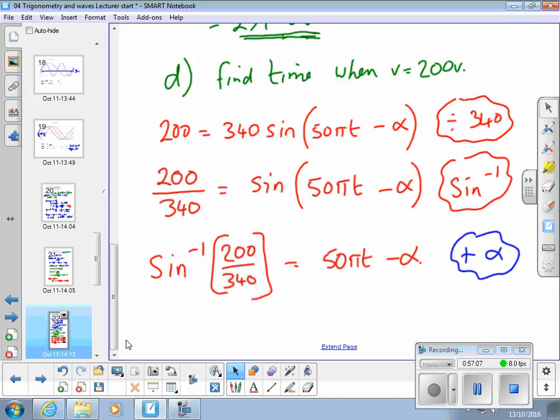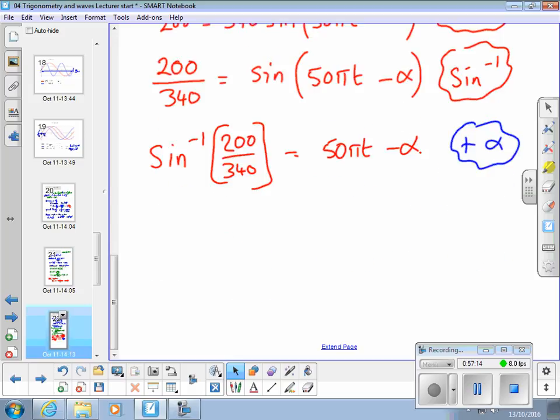You say it's alpha 31 degrees? Well, or minus 0.5, whatever it is, radians. This is a personal preference, but while I'm rearranging, I'd rather leave that as alpha. There's less chance of me missing one of the digits off or getting it wrong as I'm moving things around if I leave it as alpha. I can always write the actual number in afterwards.